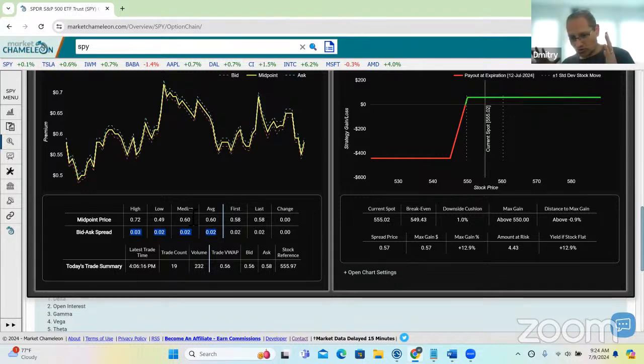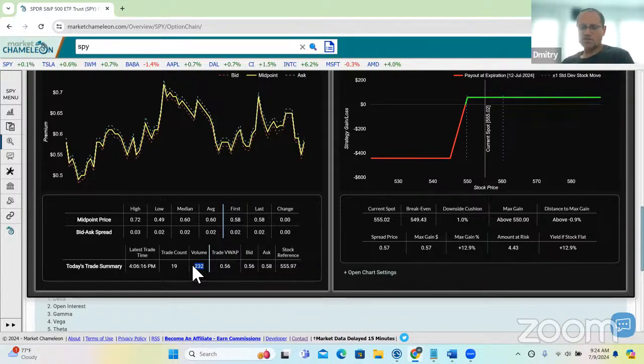There are put spreads that were entered as multi-leg trades for this combination. It traded 19 times yesterday for a total volume of 232 contracts. So those are looking for spreads, not single leg trades.